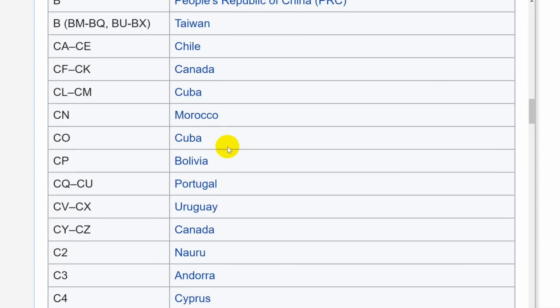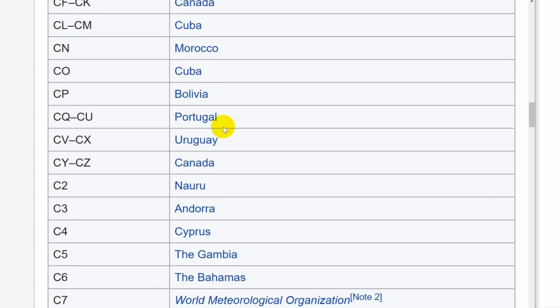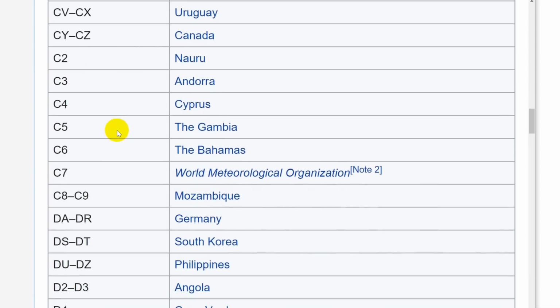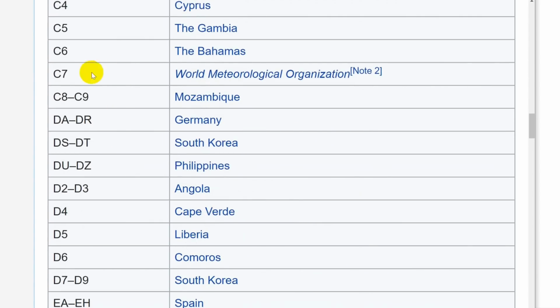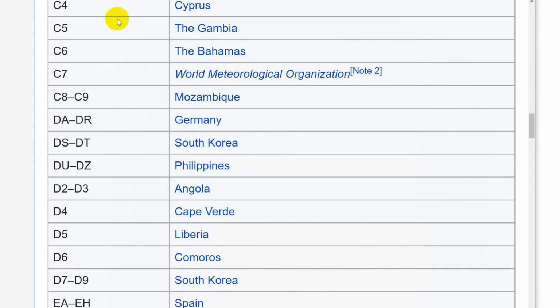Cuba, Morocco, more Cuba, Bolivia, Portugal, Uruguay, and more Canada again. So you see how these are spread out, and oftentimes what happens is that these nations will issue special call signs using these prefixes.